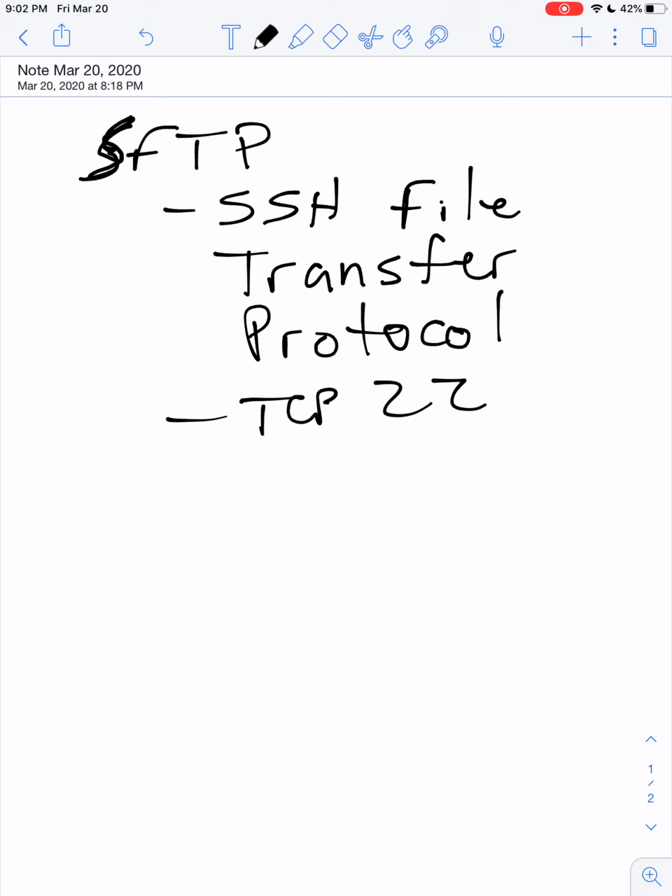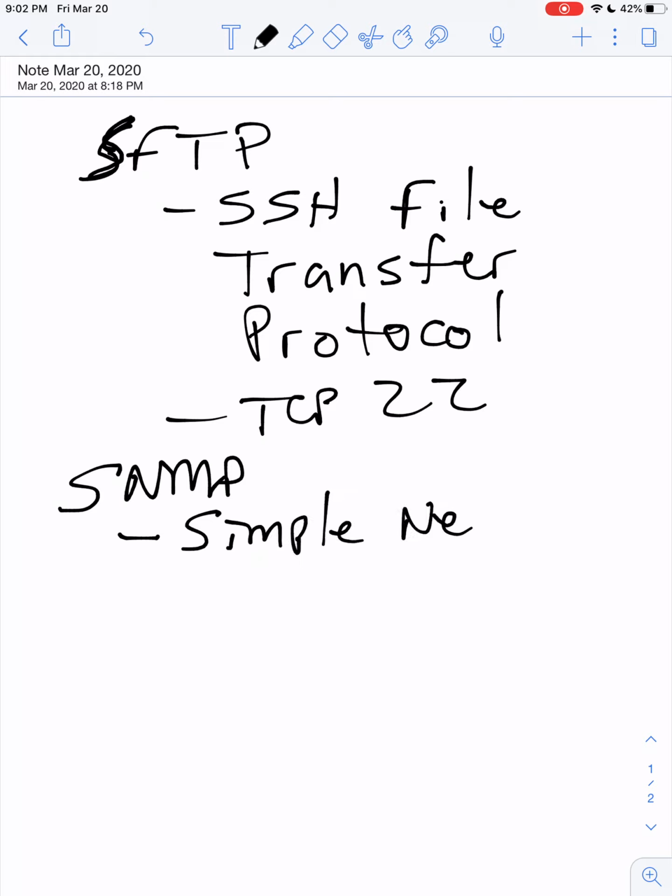This next one has both secure and unsecure modes, and it is called SNMP, or the Simple Network Management Protocol.